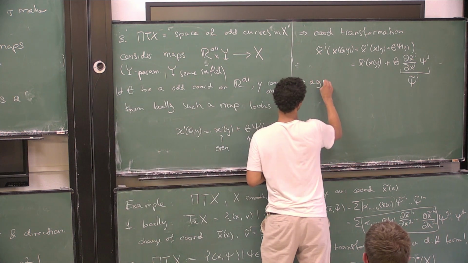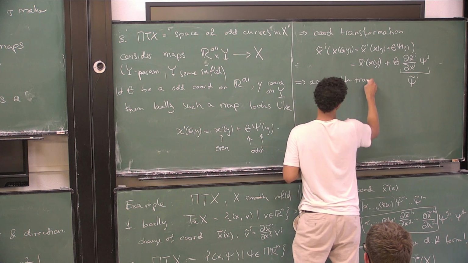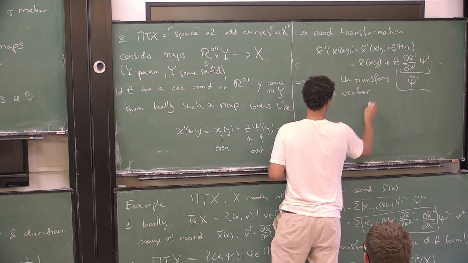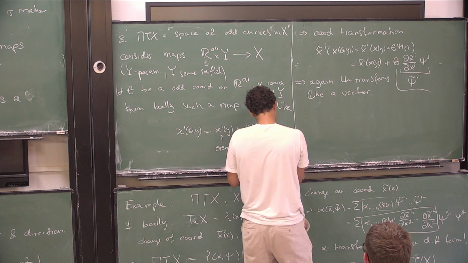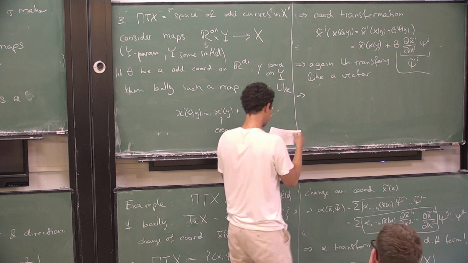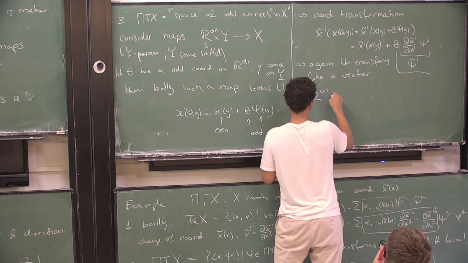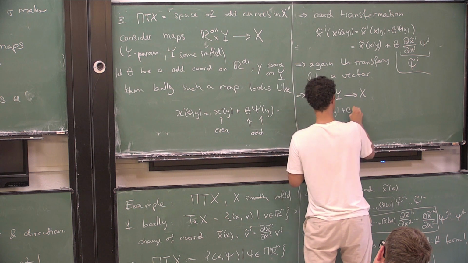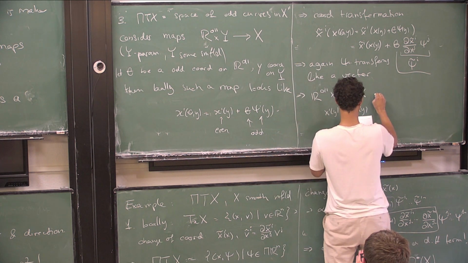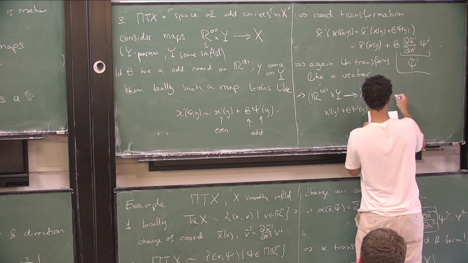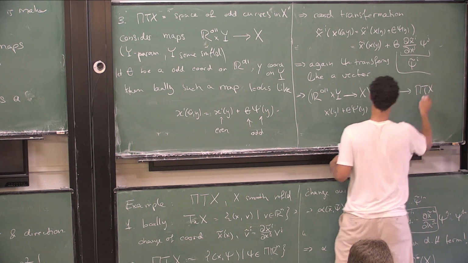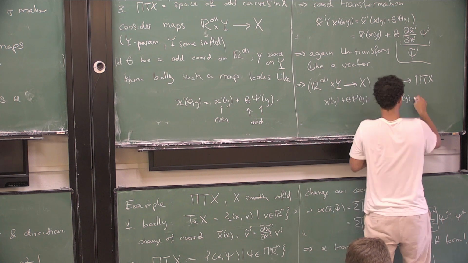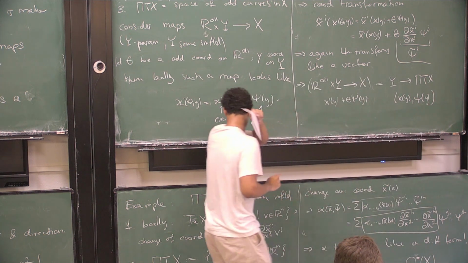So these maps from R^{0|1} times Y into X, where you have x^i of y plus theta psi^i, can actually be seen as maps from Y into pi tx, where now you have the point and the vector.